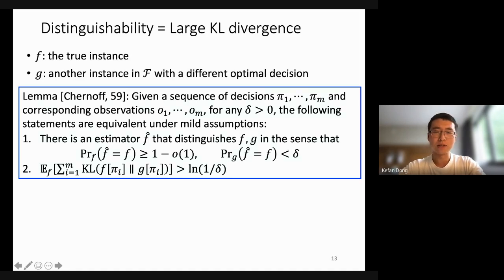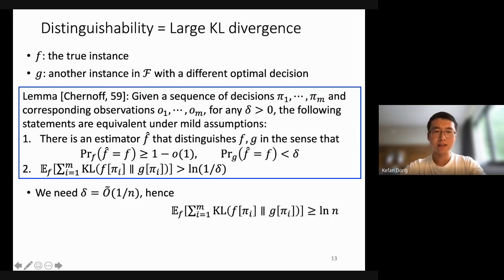And when the corresponding observations are drawn from the instance G, this estimator will output G with high probability. So the failure probability here is smaller than delta. And this lemma says that this distinguishability is equivalent to the expected KL divergence between F and G being bigger than log 1 over delta.